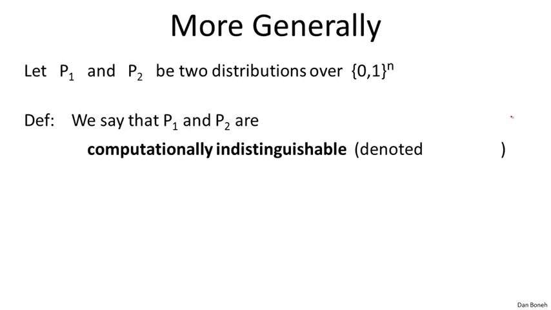Before we end this segment, I want to generalize a little bit what we did and introduce some important notation that's going to be useful throughout. We're going to generalize the concept of indistinguishability from uniform to indistinguishability of two general distributions. Suppose I give you P1 and P2, and we ask, can these two distributions be distinguished?